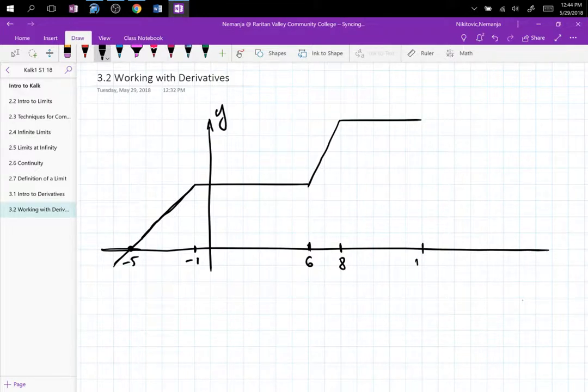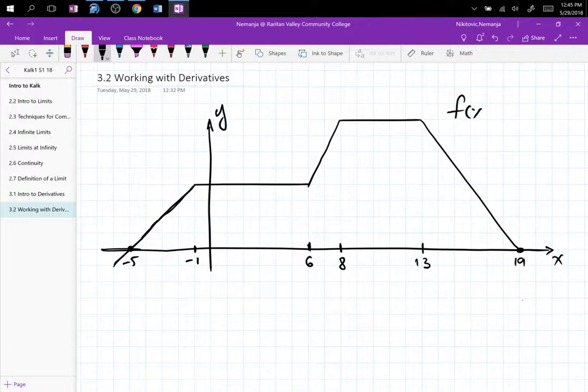At 13, it's just going to go down. At 19, let's say it stops there. So that's our f of x. So try to draw the same thing.